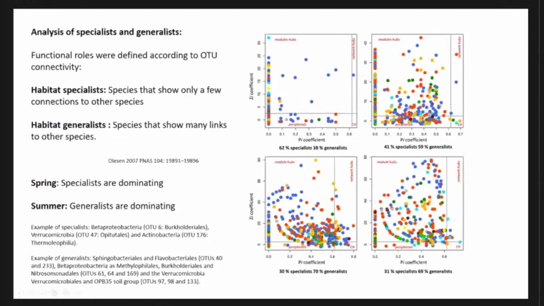In simple words, the bacteria that end up here are specialists, and the ones in this part of the analysis are generalists. In spring we found that specialists are dominating, as you can see, while generalists are dominating during summer.